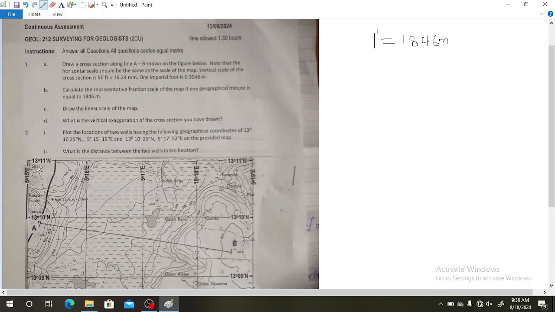From my map, I can see it's increasing by 1 minute, because here you can see 5 degree 15 minutes, coming to here 5 degree 16 minutes, here is 5 degree 17 minutes, 5 degree 18 minutes, 5 degree 19 minutes. So it's increasing by 1 minute.